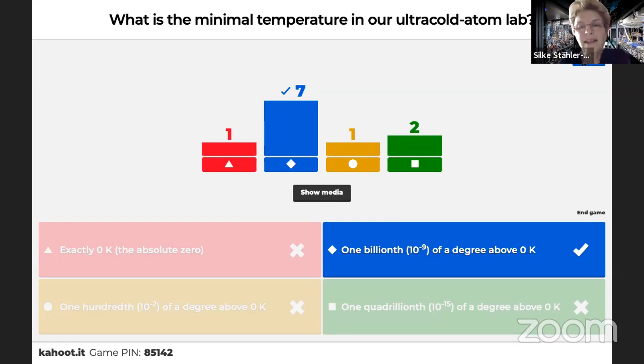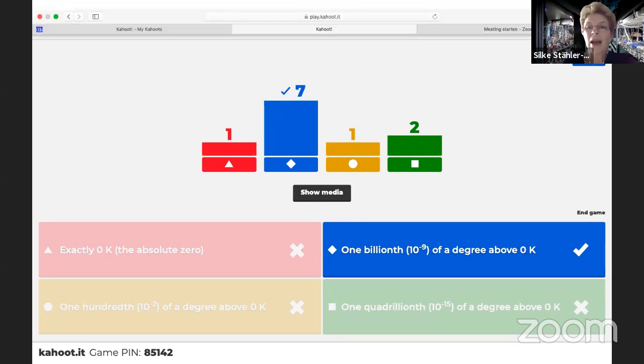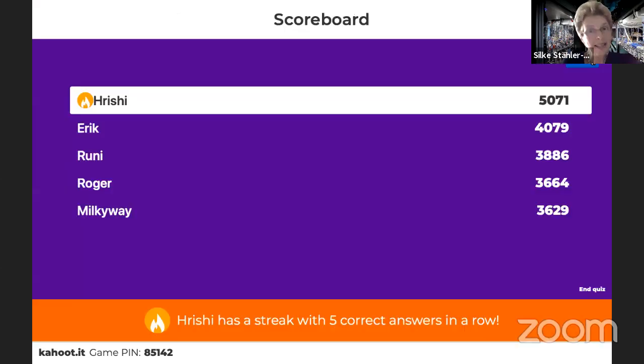It's 1 billionth, that means 10 to the minus 9 of a degree above 0 Kelvin. That's colder than in outer space. It's colder than in the universe. Let's continue. Rishi is first, then Milky Way, and then Roger.